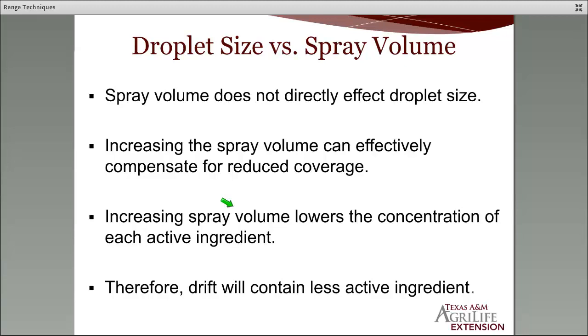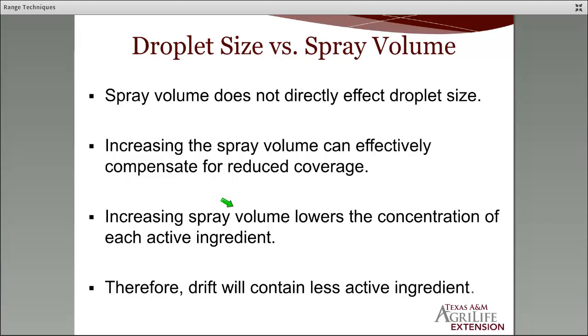Something else to keep in mind is that the spray volume does not directly affect the droplet size. Increasing the spray volume can effectively compensate for reduced coverage. But keep in mind, if you increase the spray volume too much, do you have enough herbicide in there to where you're calibrated to run that increased volume?